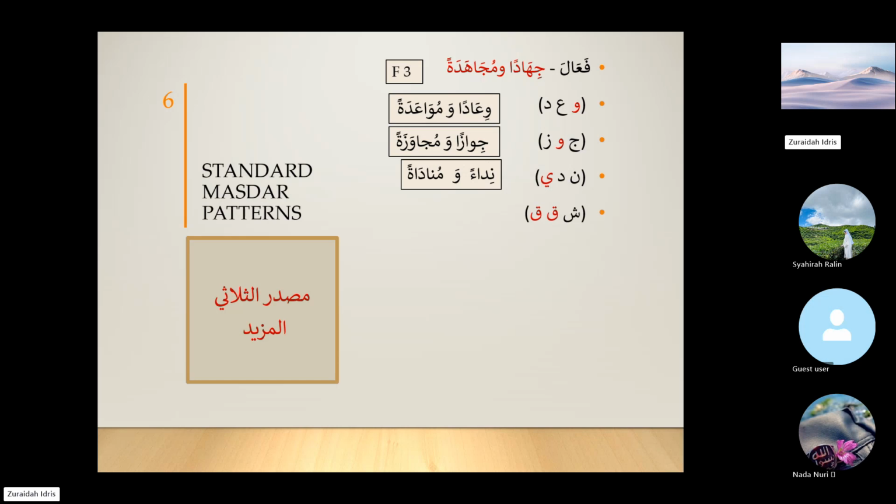Then the next one, shin qaf qaf. Sister Rali, try this one. Shin qaf qaf. Shiqan. Shiqaqan. And then the other one, wa musyaqqatan. Okay. It becomes shiqaqan wa musyaqqatan.